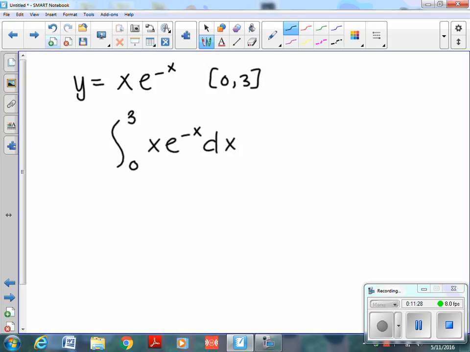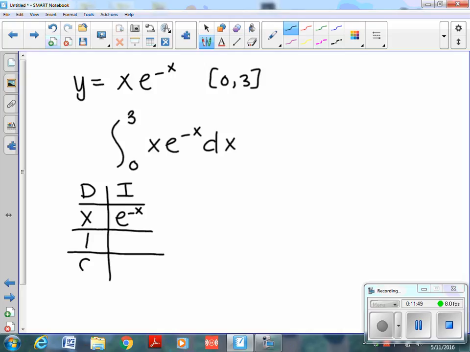I know I need to use tabular integration because I've got two different functions. Derivative here, integration here. I start with x, I start with e to the negative x. When I find the derivative of x, I get 1. When I find the derivative of 1, I get 0.